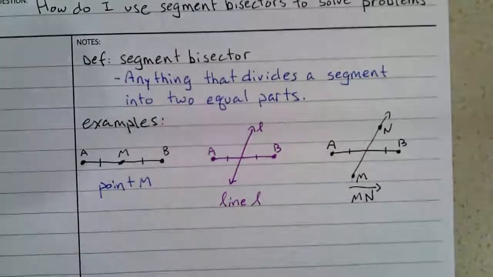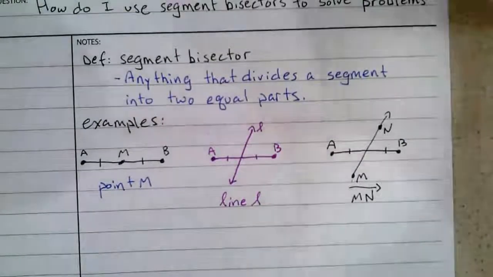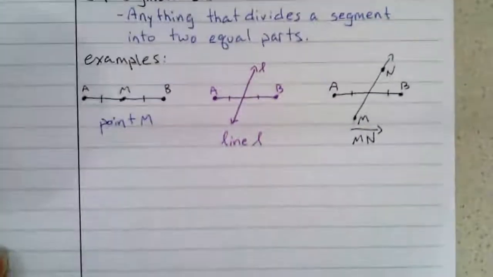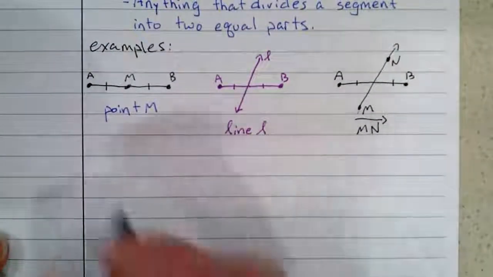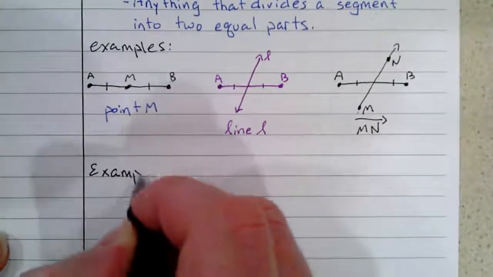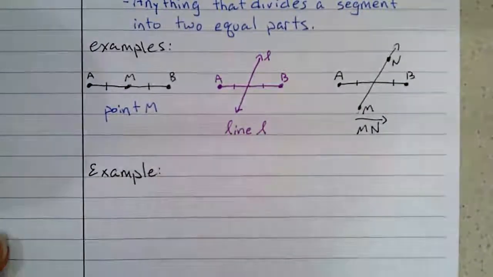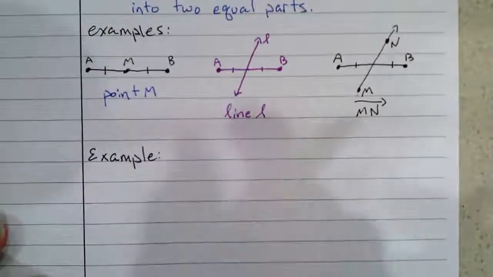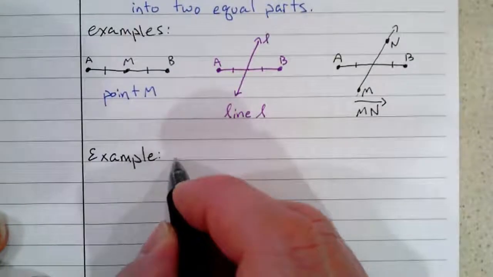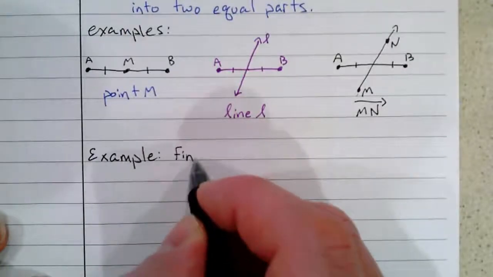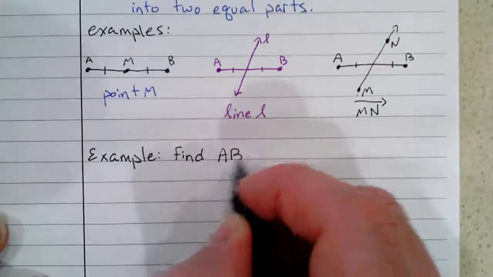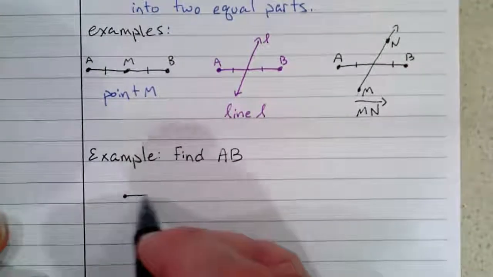So let's look at how we use this to solve a problem. Example. We're going to find AB, and here's our diagram we're working from.